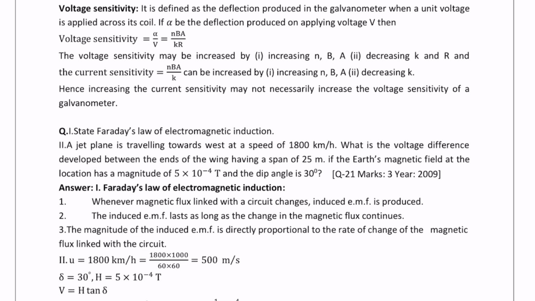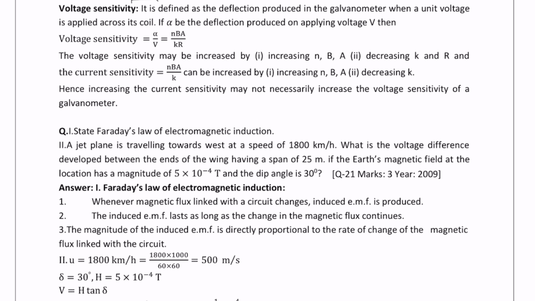It is defined as the deflection produced in the galvanometer on passing unit current through the coil. If a very small amount of current can deflect the galvanometer coil, it means that it is more sensitive, correct? So this is how the current sensitivity is defined.